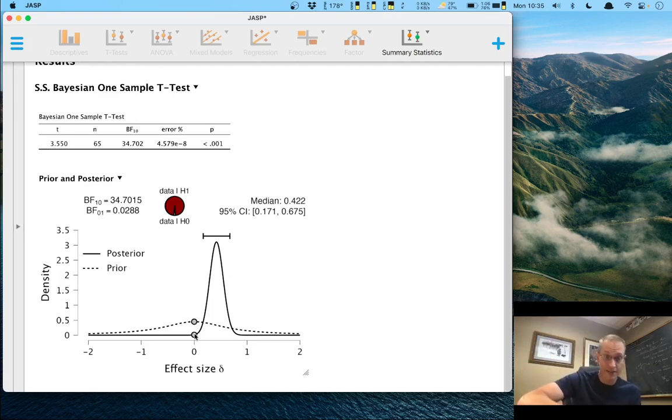It decreases after seeing the data. And how much does it decrease? It's the Bayes factor. It decreases by a factor of 34.7. So this is that Savage-Dickey method once again. That's what this prior and posterior plot is showing us. We're going to translate all that into a write-up in just a second.